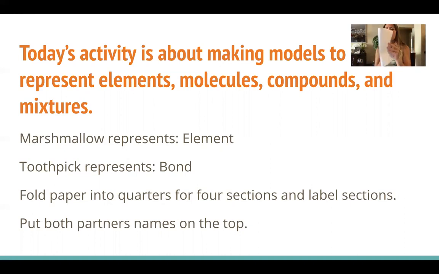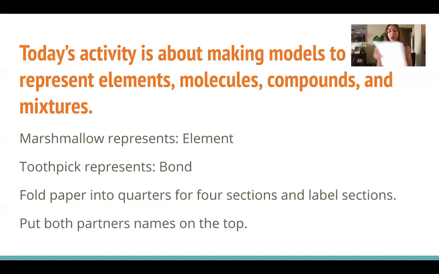So to begin, I want you to fold your paper in half and then in half again. So your paper is folded in quarters. Unfold so that you can see distinct fold lines, and you have 4 sections. Can anyone guess what these 4 sections will be labeled? That's right, elements, molecules, compounds, and mixtures.